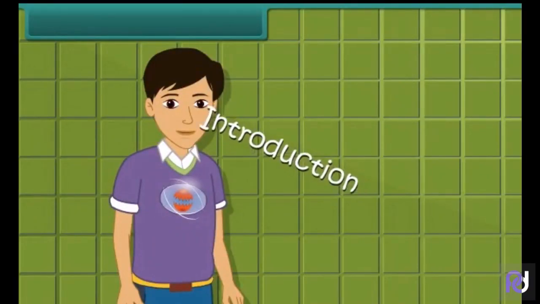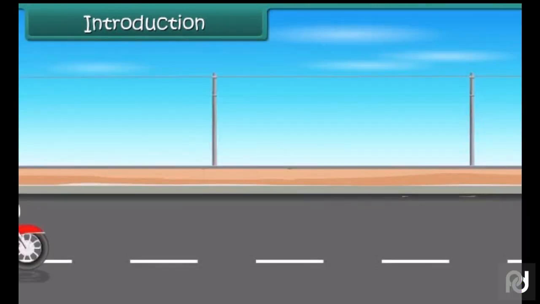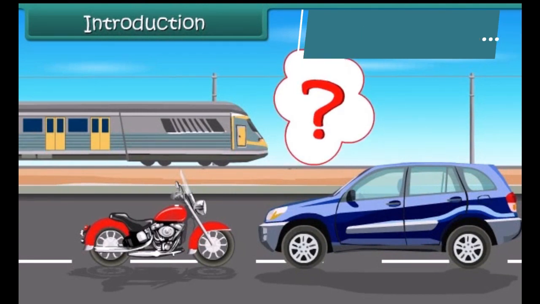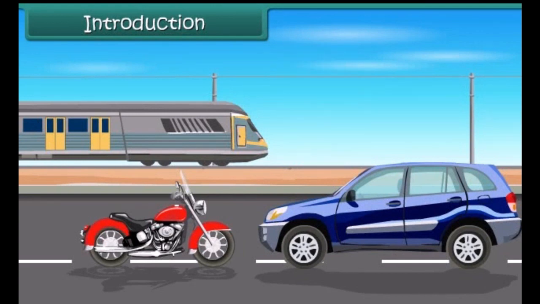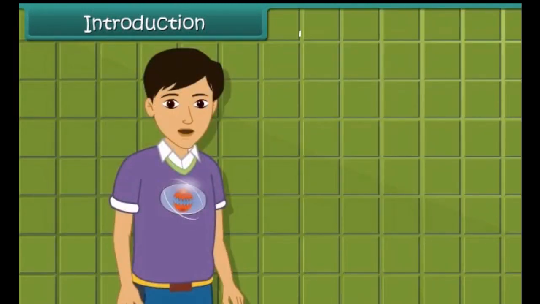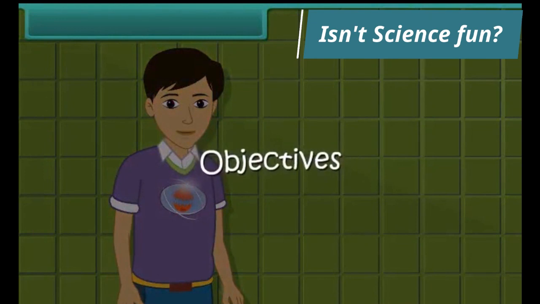So students, have you ever wondered by which fuels your bikes, cars and trains are working? Think about it. Well, the answer is that they are working on coal products and petroleum products. So today we are going to learn about coal products and petroleum products, how they are obtained and how to process them.